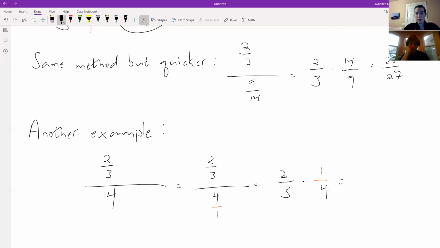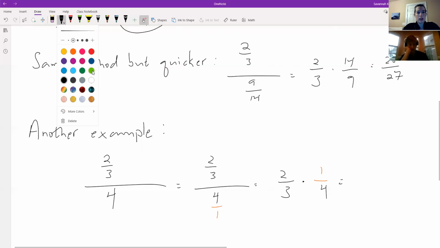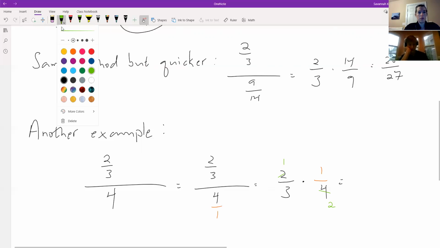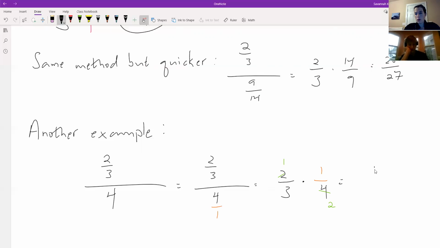And really the advantage of any one method over another is just if it makes more sense to you. In this one, I see a little bit of canceling that I can demonstrate. The 2 and the 4 can cancel to a 1/2. And then I get 1 over 6.